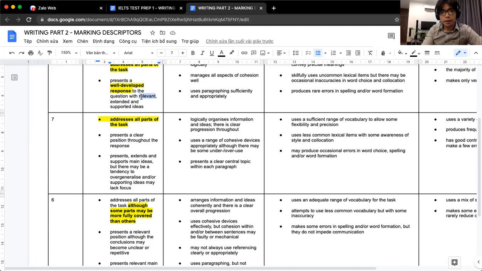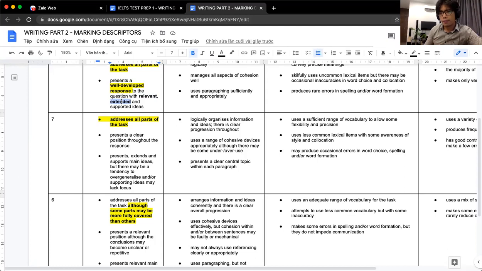And here, pay attention to the keyword relevant, extended. You see the word extended, right? Extend means expand, explain more, clarify more. So I don't want you guys to list out a lot of things. Avoid listing. I told you guys many times already. Don't list.